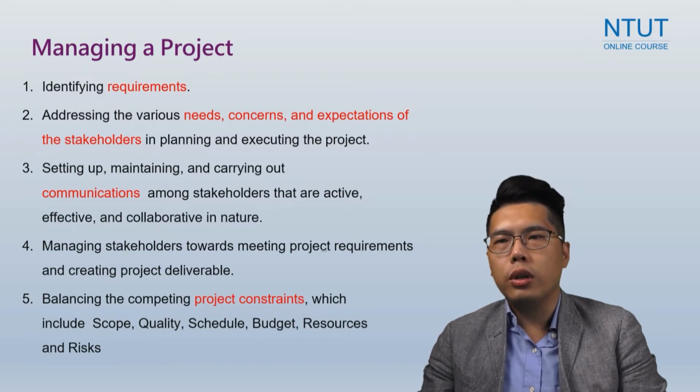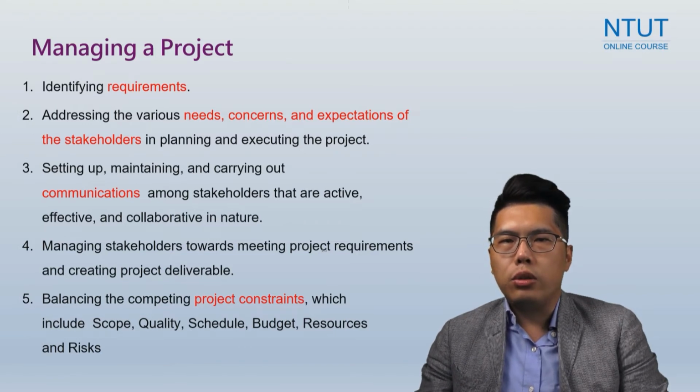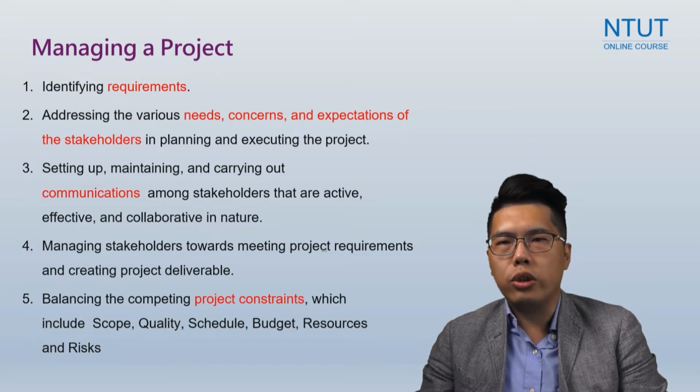And number four is to manage stakeholders towards meeting project requirements and creating project deliverables. Okay, so to a company and to the project manager, regular meetings are required to make sure the project is on track.